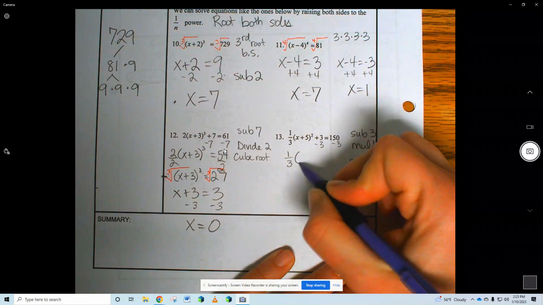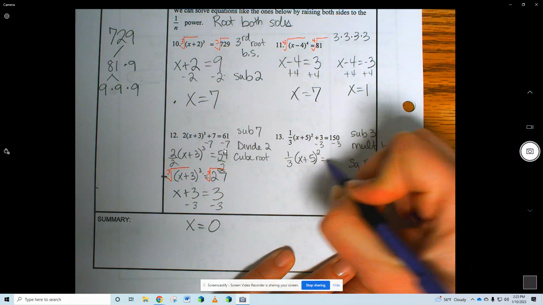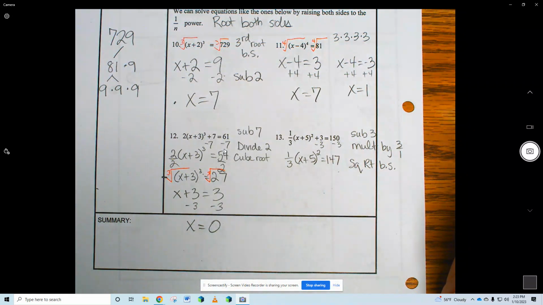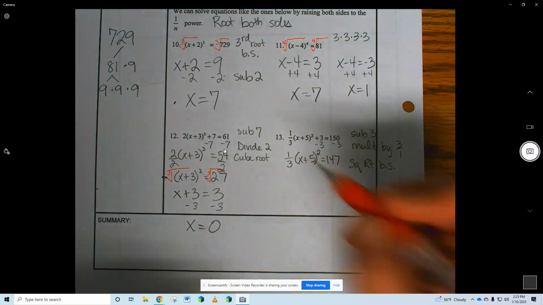First I subtracted 3, and I got 1/3 times the quantity x plus 5 squared equals 147. Then I multiply by 3 over 1.